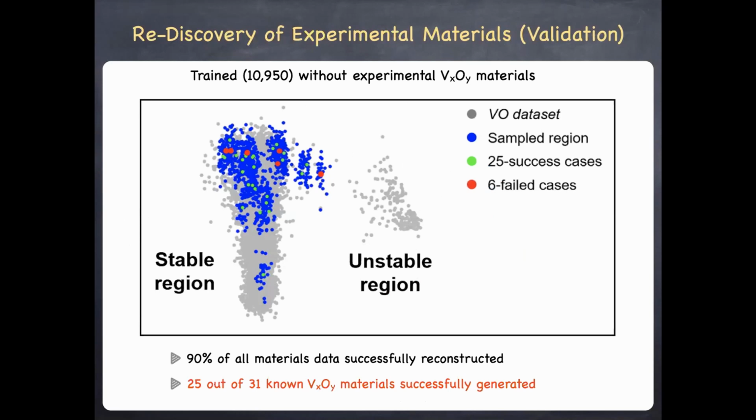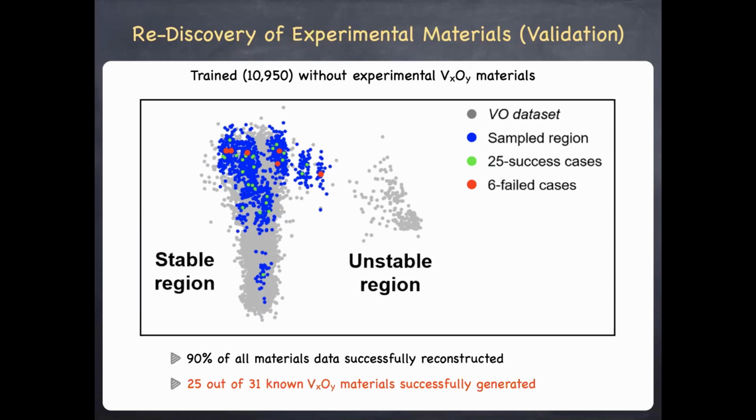To demonstrate that our model can generate sensible materials, we excluded the experimentally synthesized materials, trained the model without them, and then saw if our model could rediscover those materials. That's what we did as a validation.